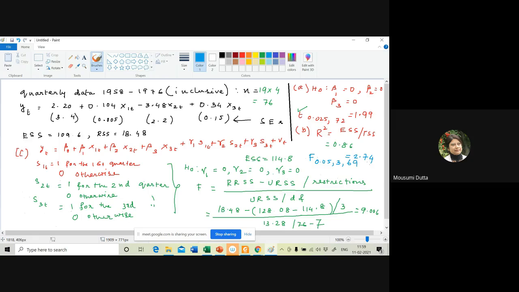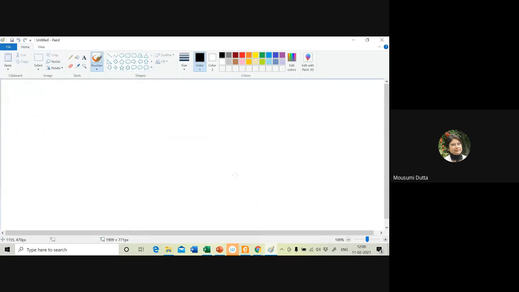Original specification means without seasonal dummy. Were computed for the subperiods 1958 quarter 1 to 1968 quarter 4.